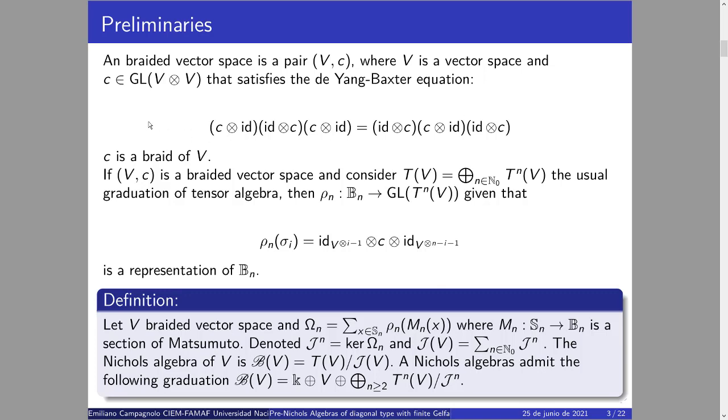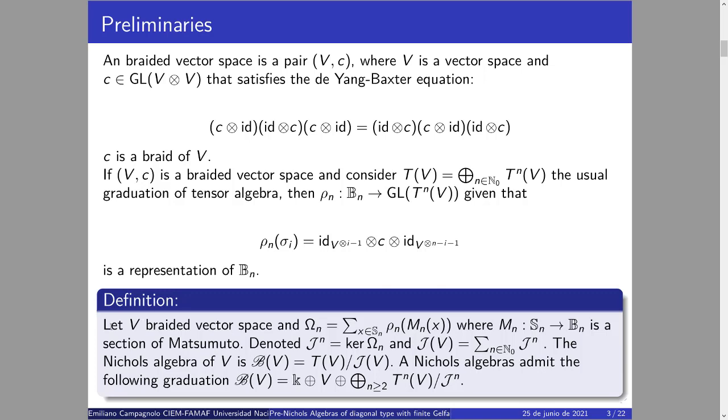C, in this case, is a braiding of B. If B is a braided vector space and we consider the usual graduation of the tensor algebra, then ρ is given such that this is a presentation of the group of the braids.